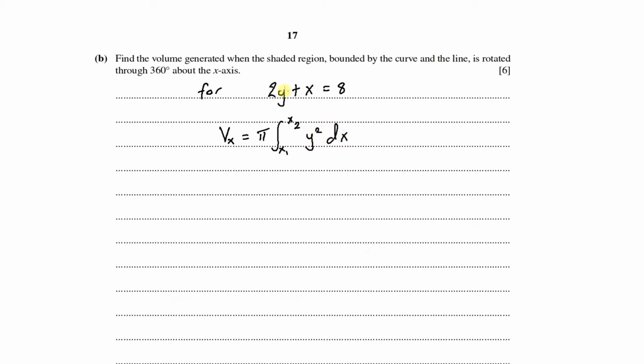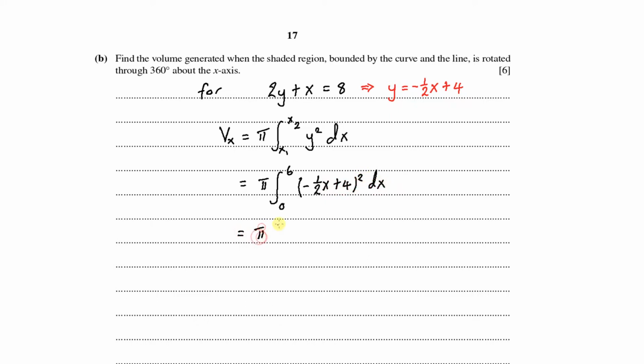Now, we can express this equation with y as the subject: y = -1/2 x + 4. So the volume of revolution is pi times the integral from 0 to 6 of (-1/2 x + 4) squared dx.